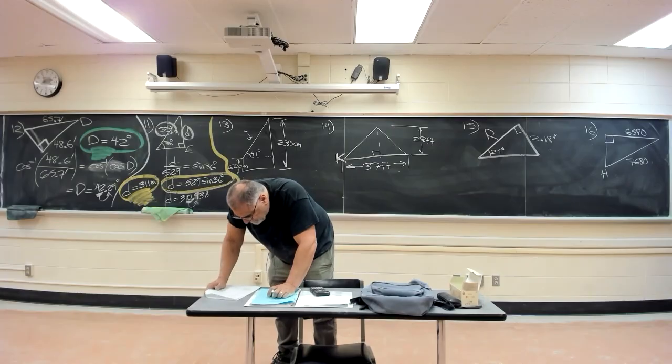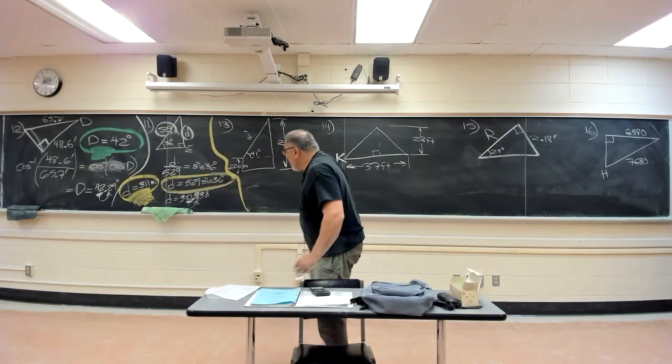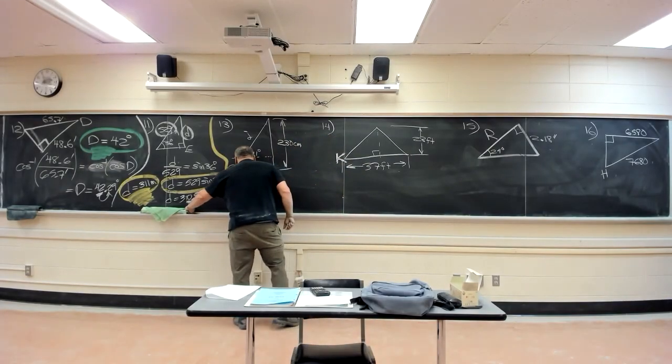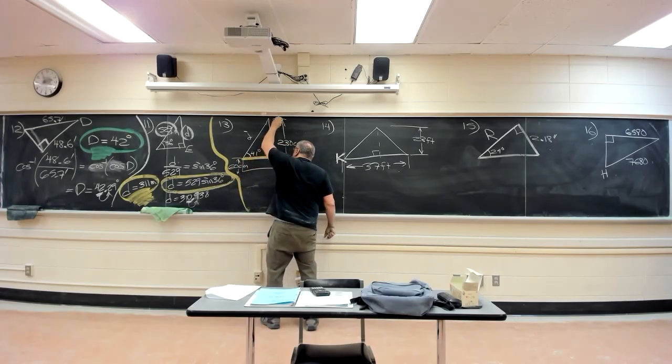Let's look at 13. They're saying find J to the nearest whole number. Well, this is a very odd look to the whole thing. If this is 60 going all the way up here, and this whole thing is 230, take 230 minus 60, you get 170 right here.